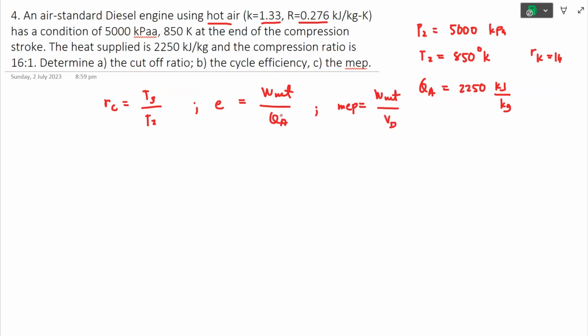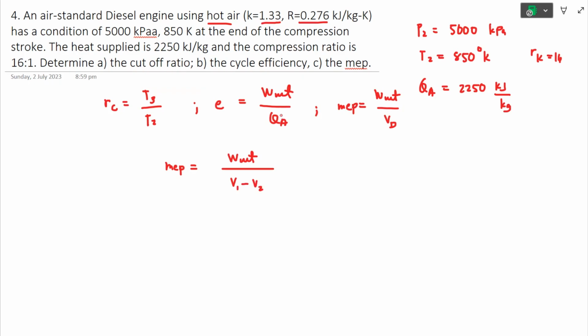Or pwede ring, yung MEP mo is equal to work net divided by V1 minus V2. Pwede nating masolve siya.